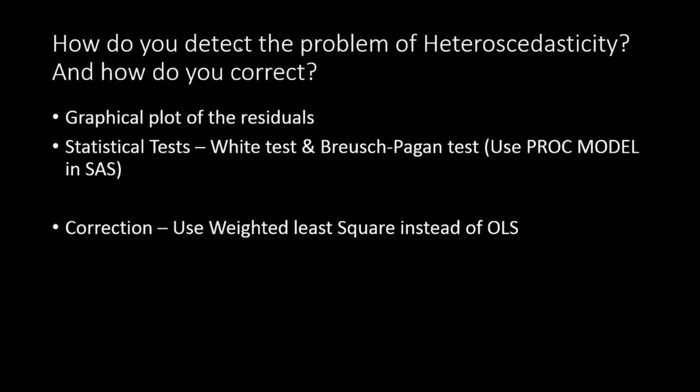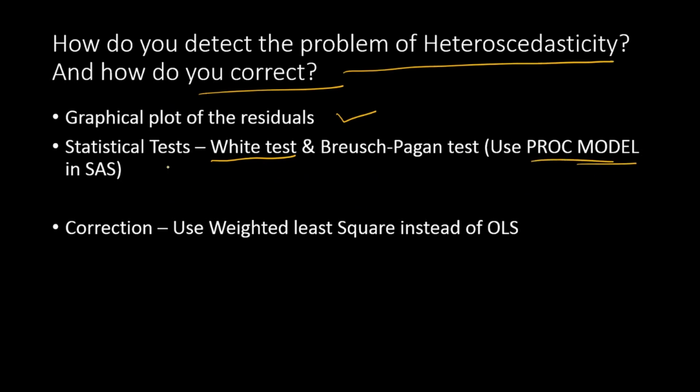So the next question is, how do you detect the problem of heteroscedasticity and how do you correct it? As I've said, a graphical plot is a good one, but there are also statistical tests which can be performed. The White test is one which is performed. The Breusch-Pagan test is also performed. You can use PROC MODEL in SAS if you're using SAS to come up with these statistics.